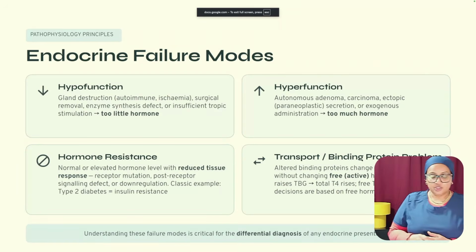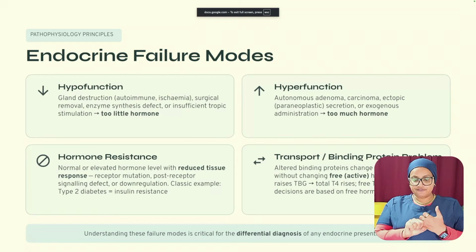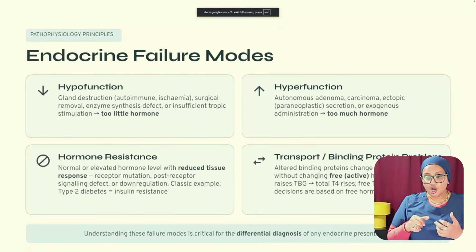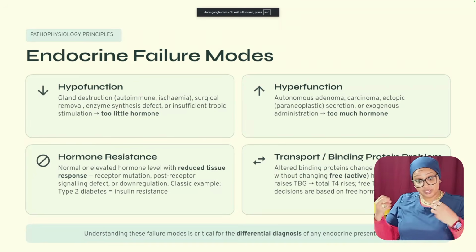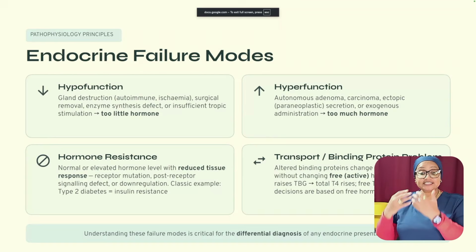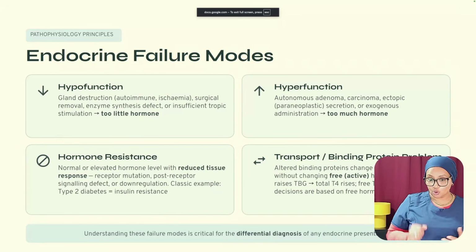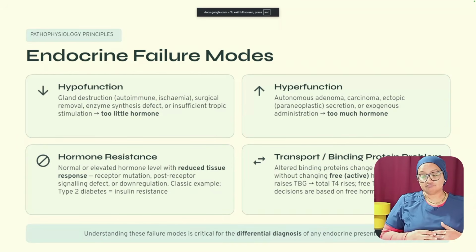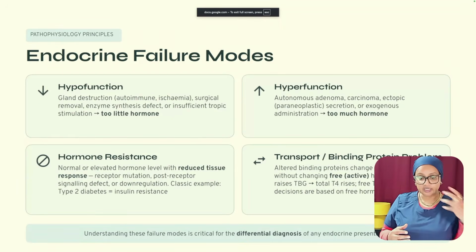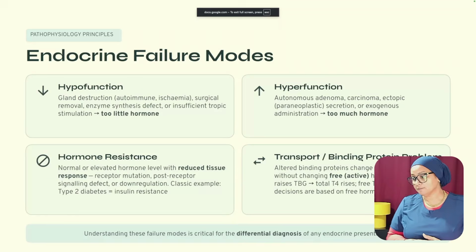You either have hypersecretion, meaning excessive secretion, or hyposecretion, not enough secretion. Or, since the actions of hormones depend on receptors, you have resistance to the effects of that hormone, like the most famous, maybe insulin resistance, and this is a topic that we need to really understand.